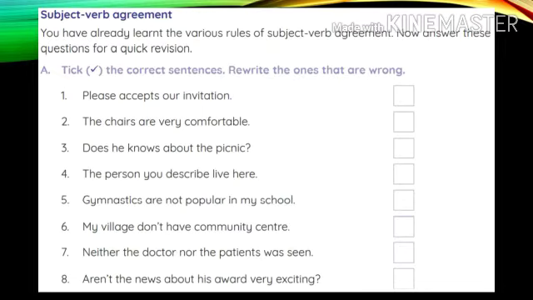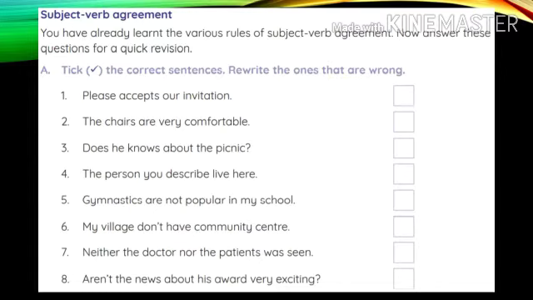Then second one, the chairs are very comfortable. So it's a correct sentence. Here the verb is in agreement with the subject. Then third one, here it is written knows. The correct one is, does he know about the picnic?